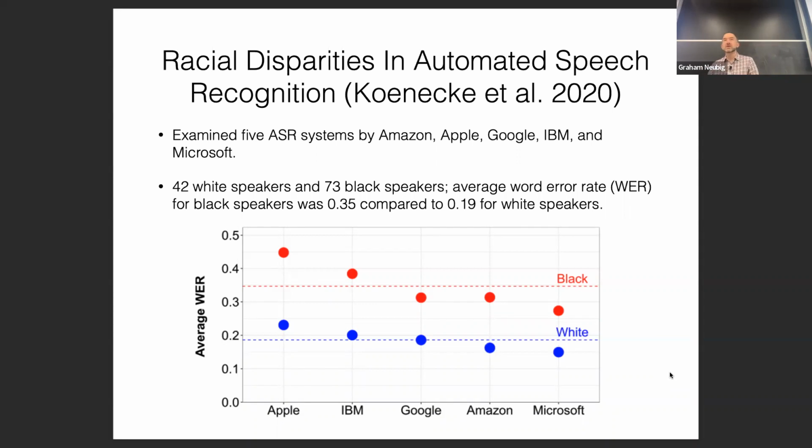What you can see is, number one, the average word error rate for speakers of Black English in the US versus speakers of white English was almost 1.5 times as bad. What's even more striking is the best system was worse for Black speakers than the worst system was for white speakers. So there was a bigger effect of what type of English you spoke than what system you were using. That's pretty striking.